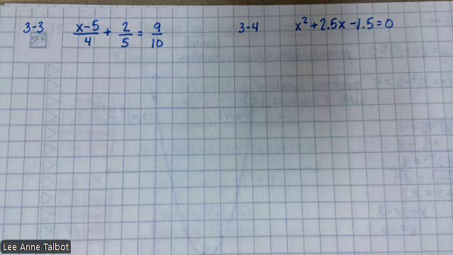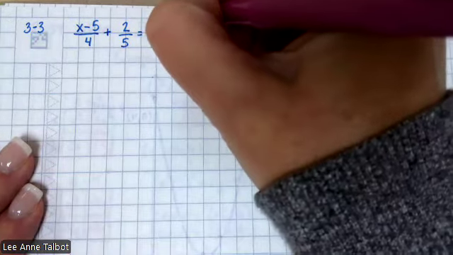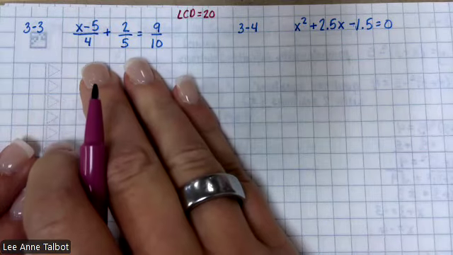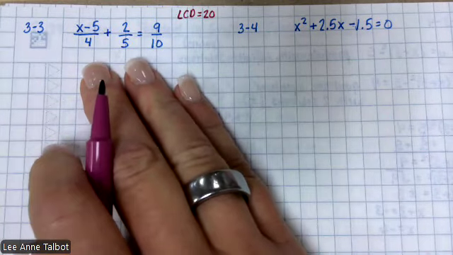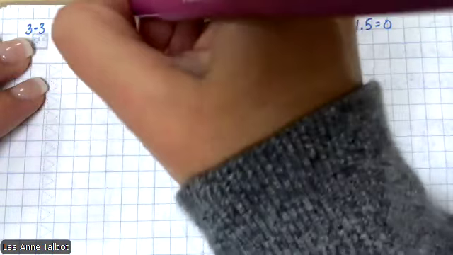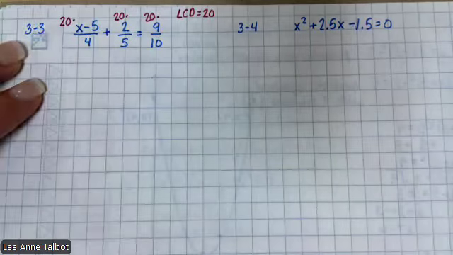Okay. Number 3, fraction buster. What is the least common denominator? 20. You need to make sure you think about what these numbers on the denominator go into, not what goes into that. Okay, so I'm going to do 20 times 20 times 20 times.